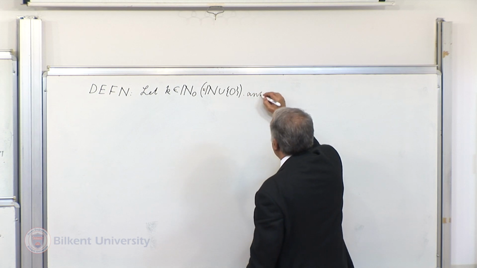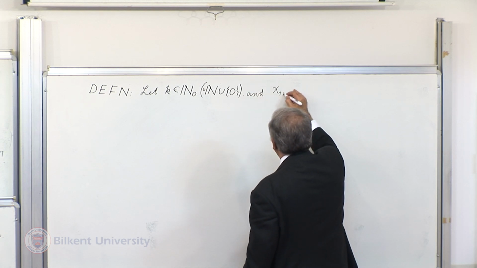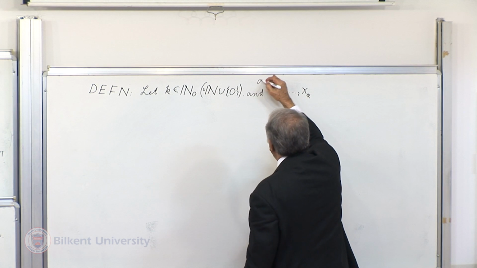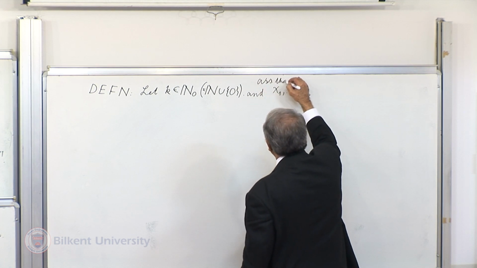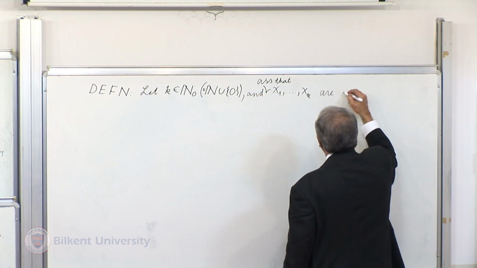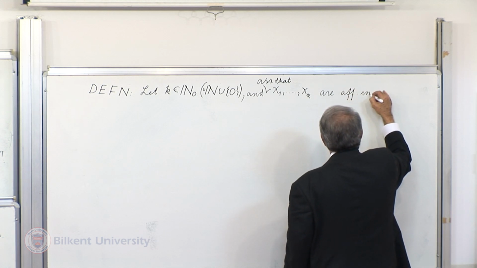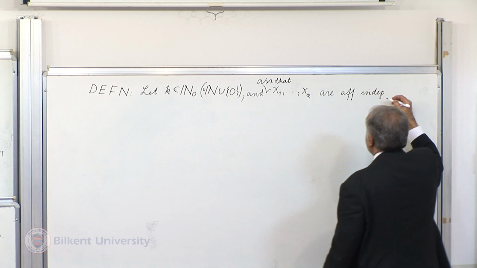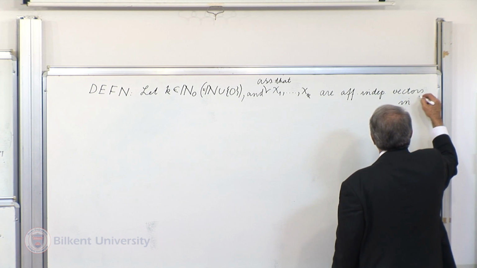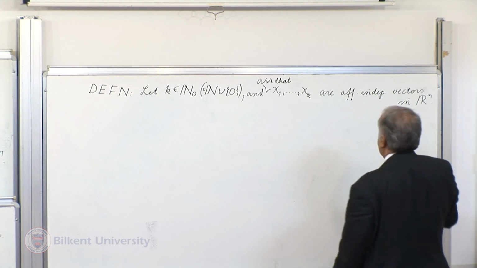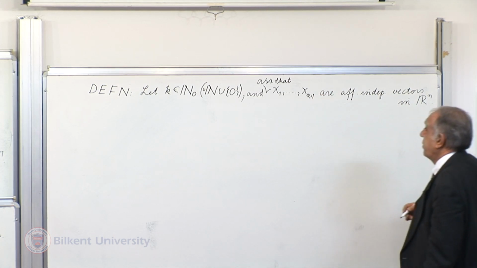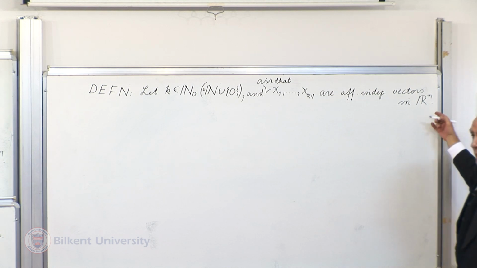And x1, up to xk plus 1, and assume that these are affinely independent vectors in Rn. Let me write here k plus 1. So k should be less than or equal to n.